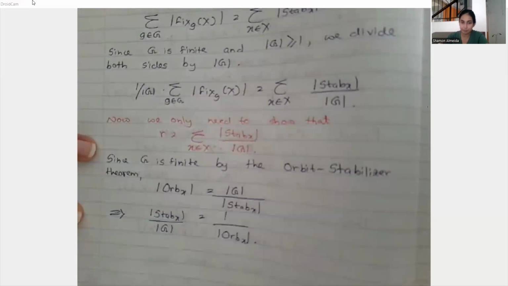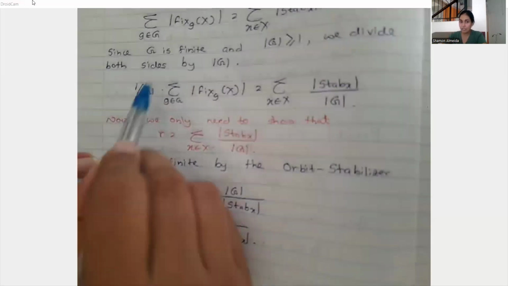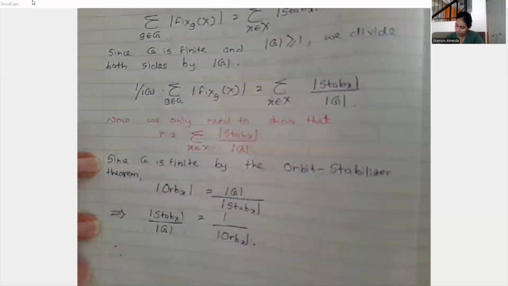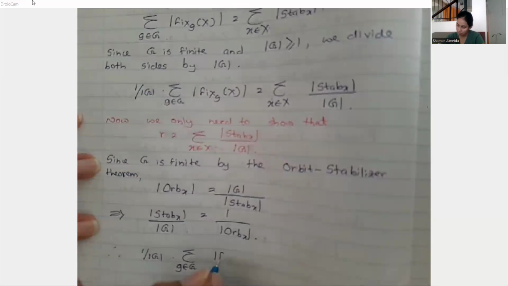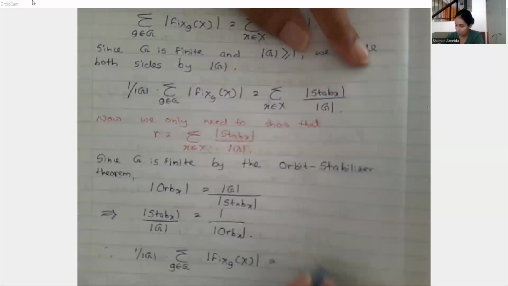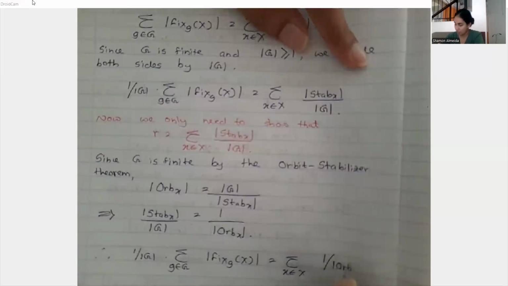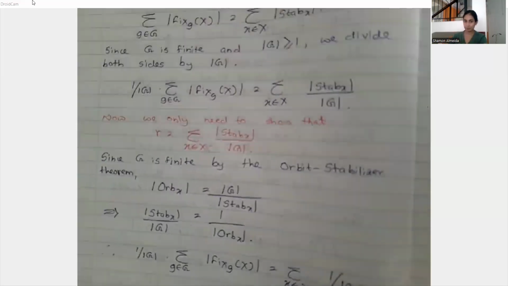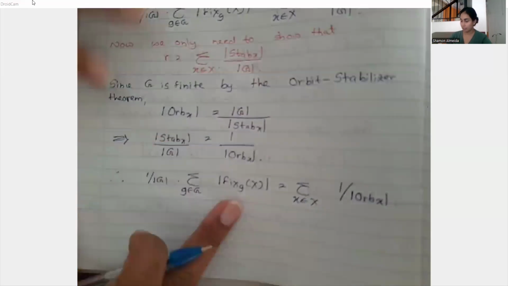Orbit of X. Therefore, this entire equation reduces to 1 over the order of G, summation taken over all elements G, of the summation of this.